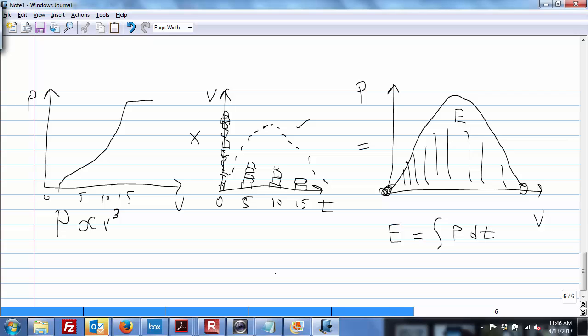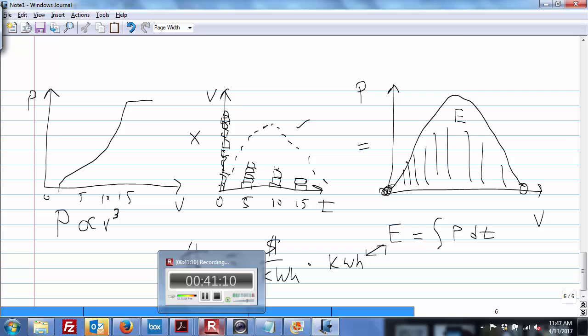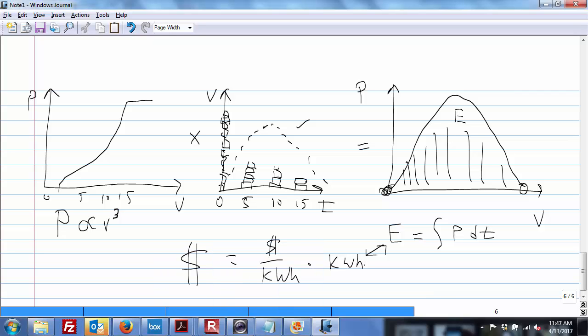And we also know that the money equals the dollars per kilowatt hour times kilowatt hours. And that's exactly what energy is. Energy is measured in kilowatt hours. So the longer it runs and the more energy is worth, the more coin you make.